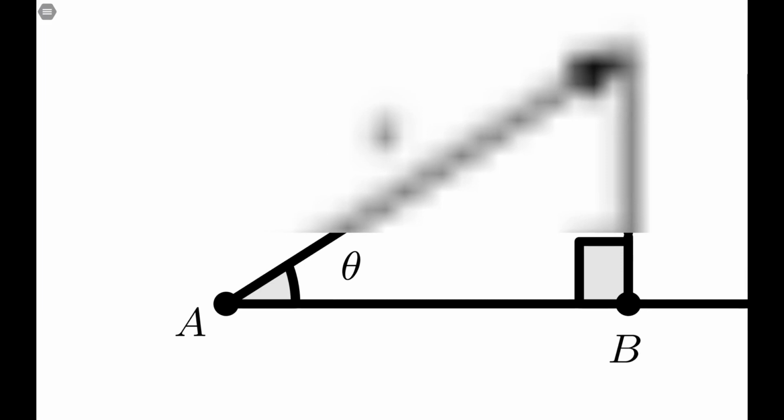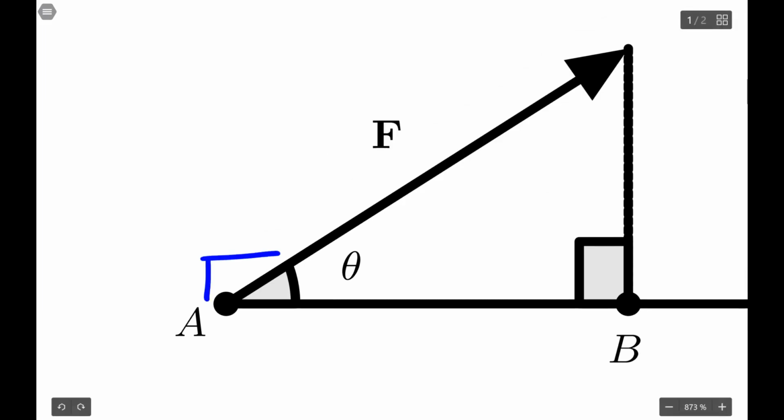If we, for example, have a box right here, and this box is sitting on this flat ground, and we are trying to pull this box in this particular direction, then we sometimes might just affix maybe a rope or something around the box, and this rope would travel up in this direction.